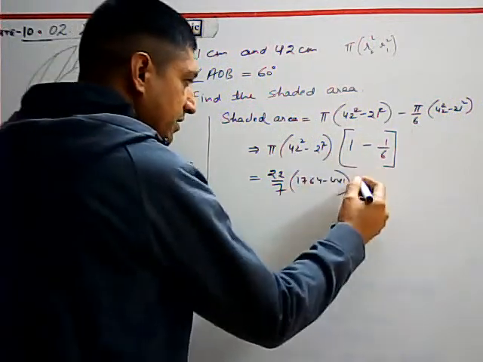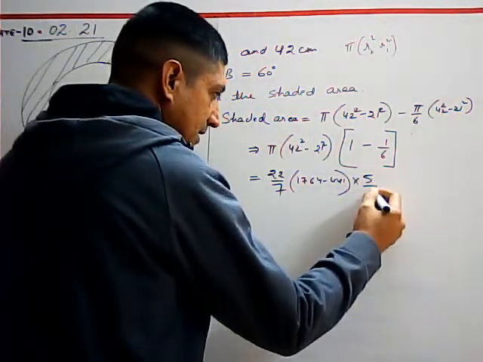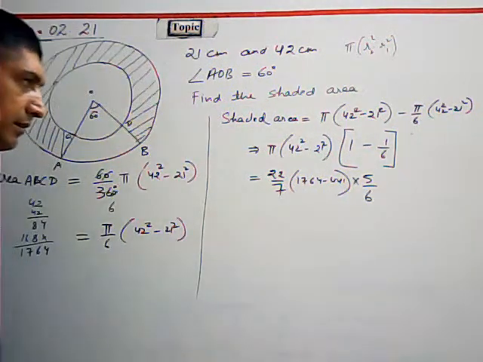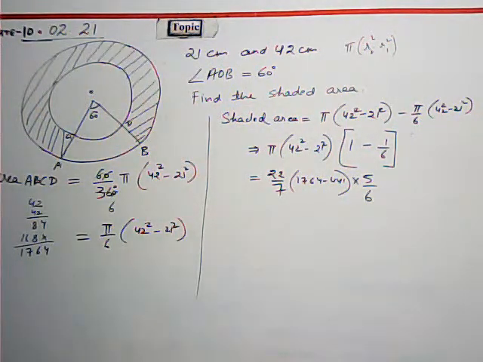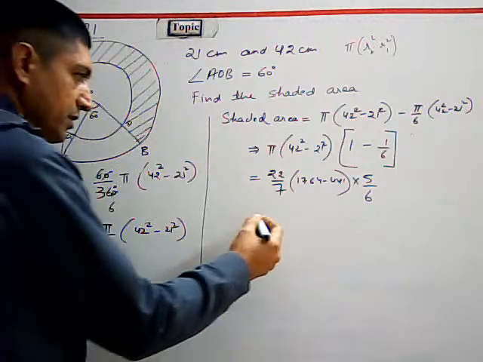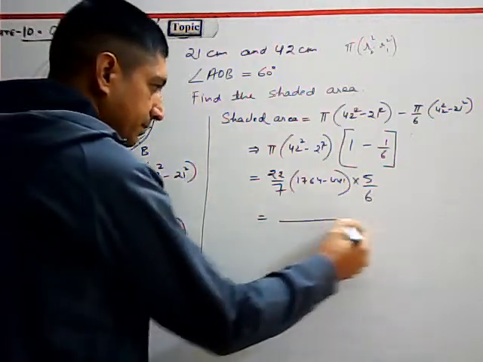Into here it is multiplied by 5 by 6, right? This 5 by 6. So when we subtract, this is the shaded area.